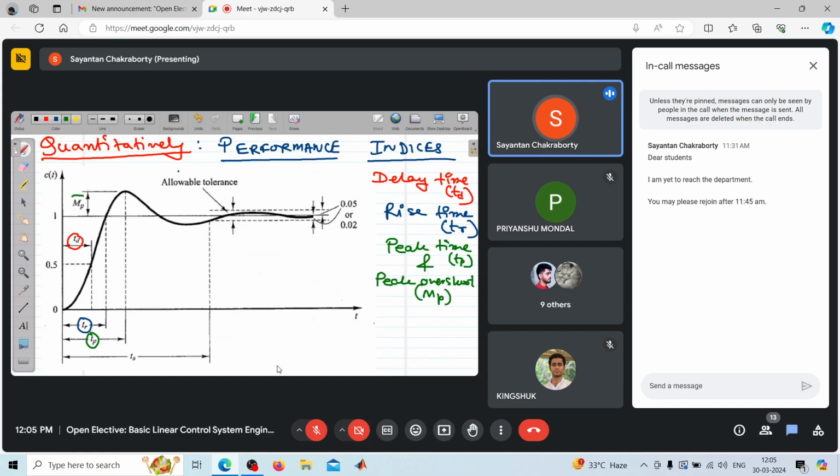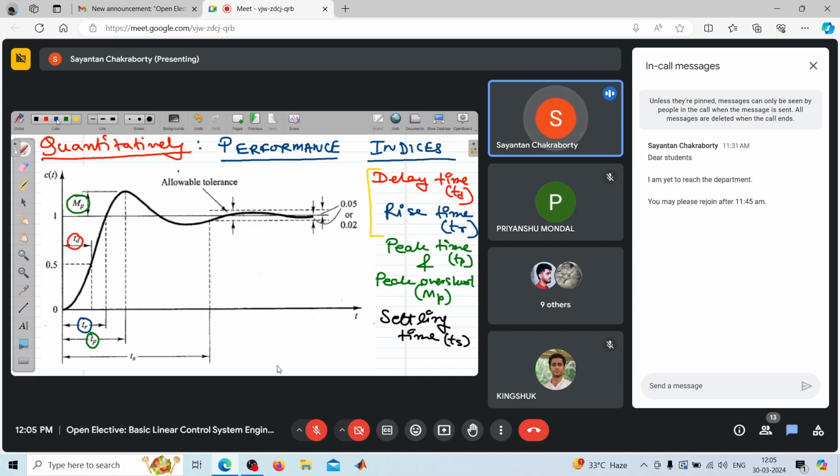These two things. And finally, settling time. See, the first two terms correspond to the question of how fast the response is.